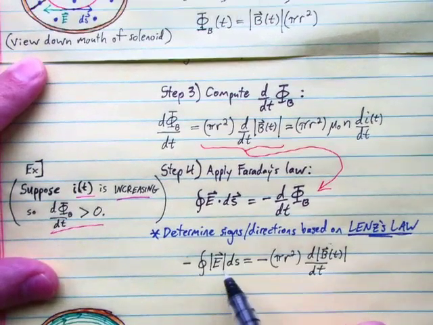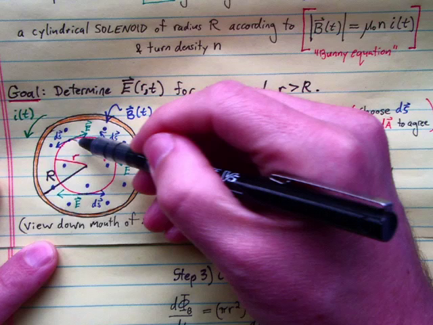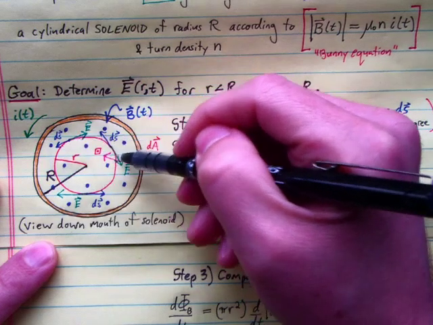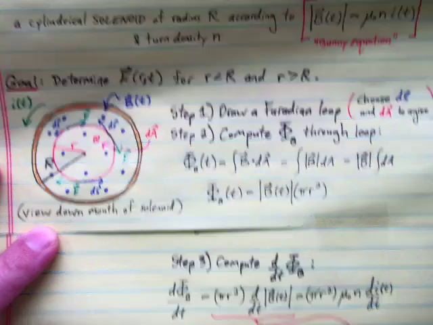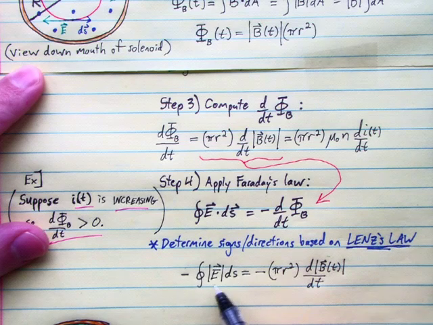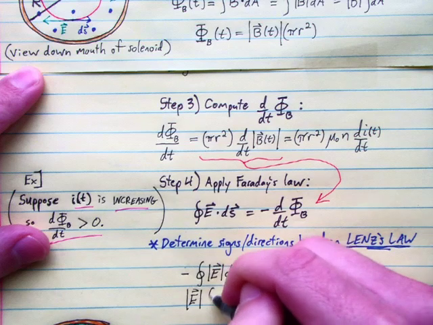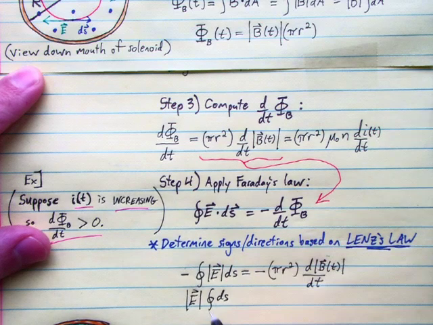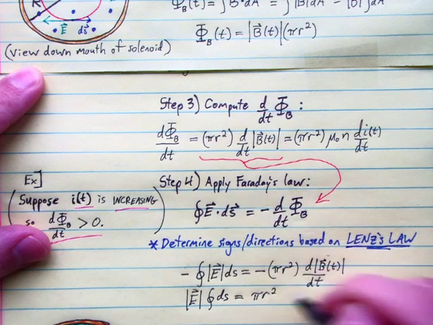Noting also from symmetry that the E field strength must be the same at all points on this loop from our cylindrical symmetry, E is the same strength for all ds's, so we can pull out E, and we're left with the closed path integral of all those little steps ds equals pi r squared dB/dt. Our minuses have canceled out.